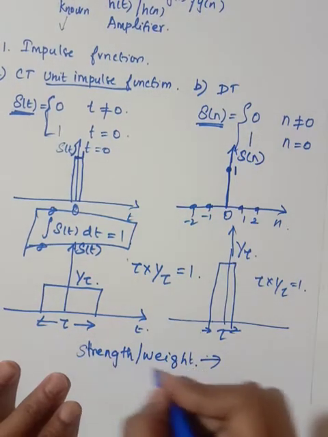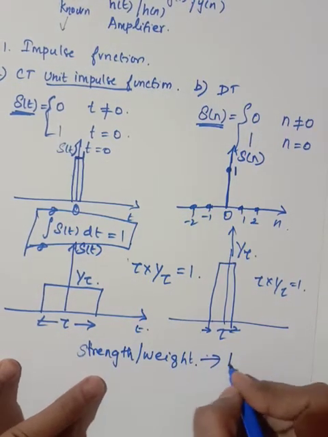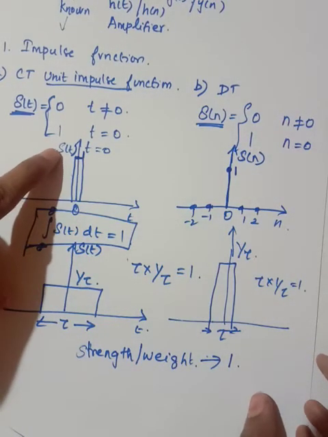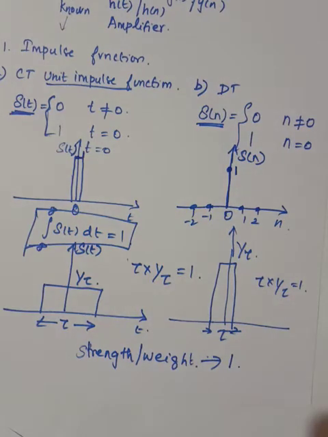If the strength or weight of the signal is 1, then it is said to be a unit impulse signal. And this del of t is a theoretical tool used to understand systems and leads to ideas that are used all the time in practice.